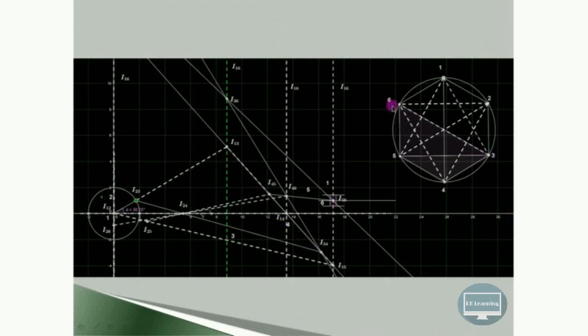Similarly 3 6 and 5 6. 3 6 is this particular one and 5 6 is this one. Again join and extend them. They will meet somewhere over here, out of this particular screen, so it is not shown here. So in this way we can locate all the ICRs in case of some complex mechanisms.